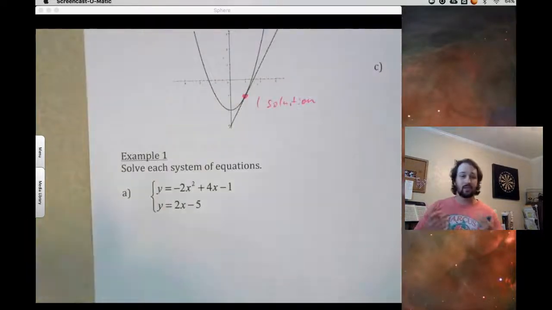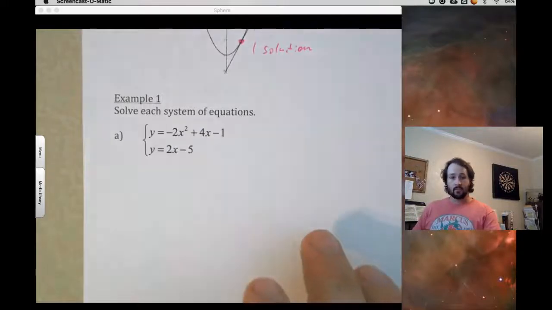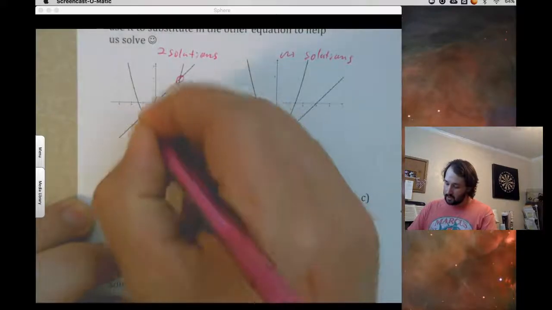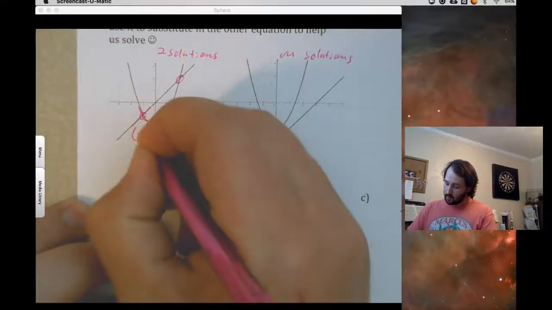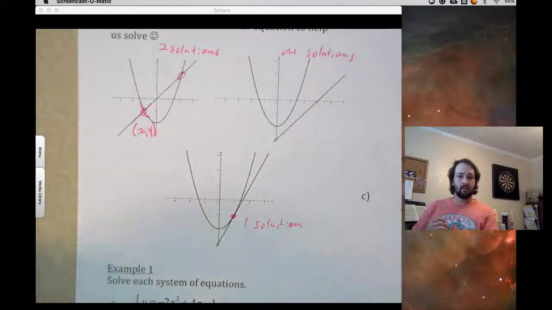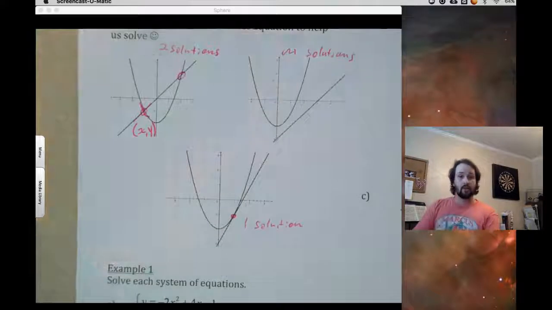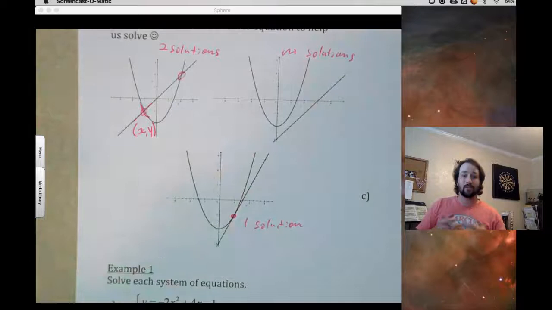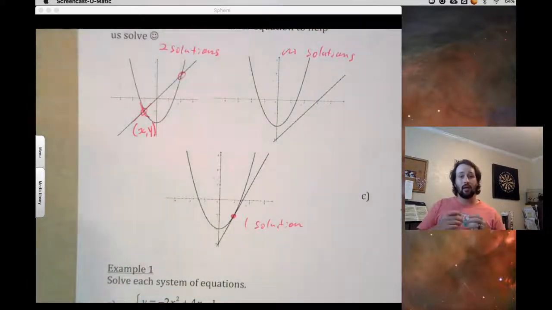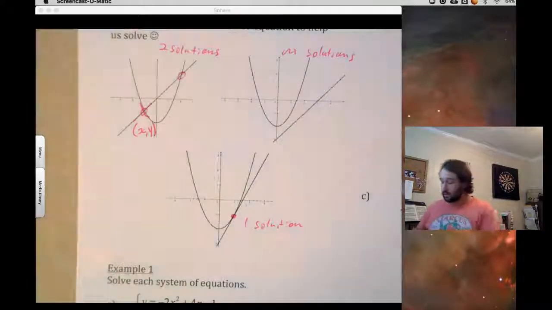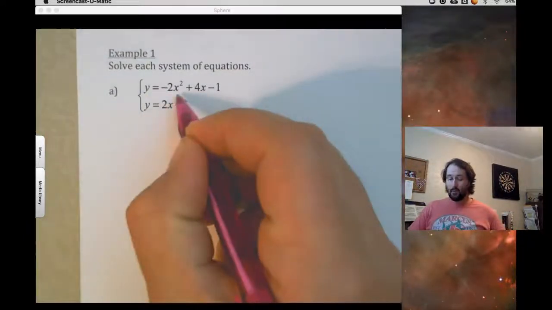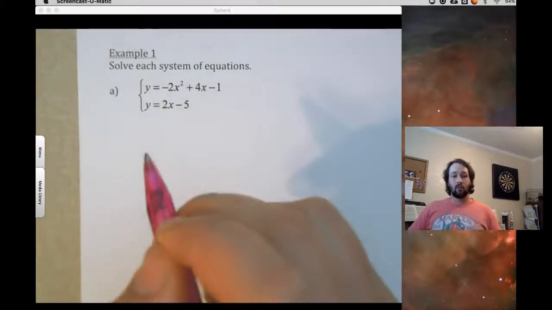All right, so now to actually solve systems of equations. Remember, a solution is where my line is meeting my parabola. So it's an xy coordinate where the x value is the same and the y value is the same for both equations.